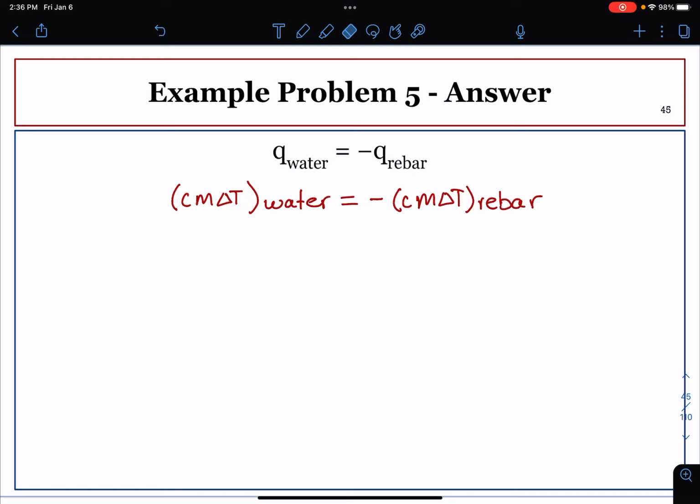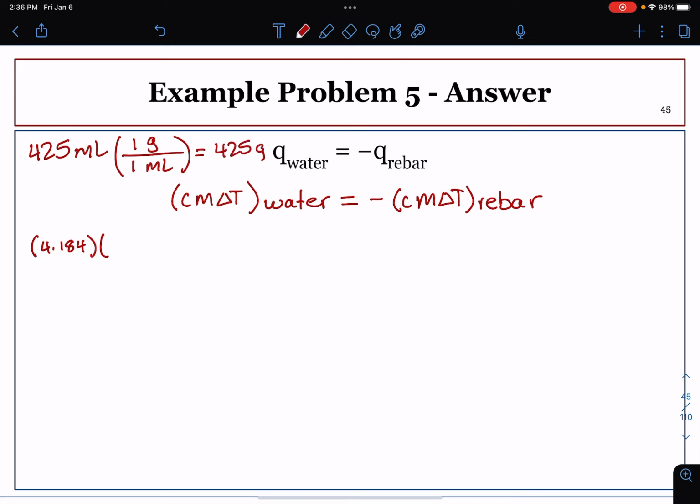C means the specific heat. So we want the specific heat of water. If you look it up on a chart, you'll see that the specific heat of water is 4.184. The mass of the water from the problem was 425 milliliters. Because the density of water is 1 milliliter for every 1 gram, we have 425 grams for this 425 milliliters.